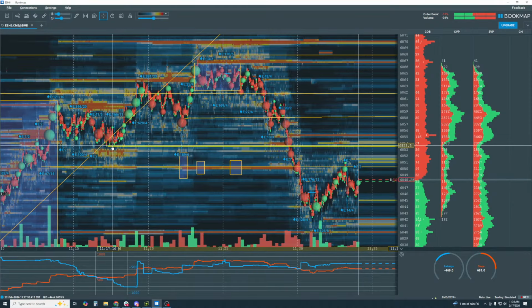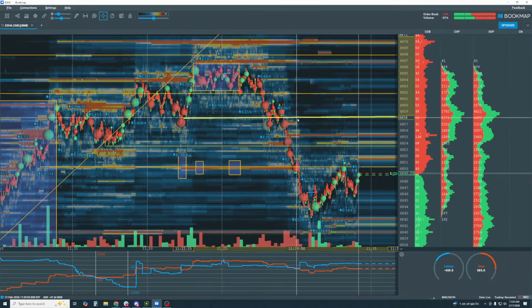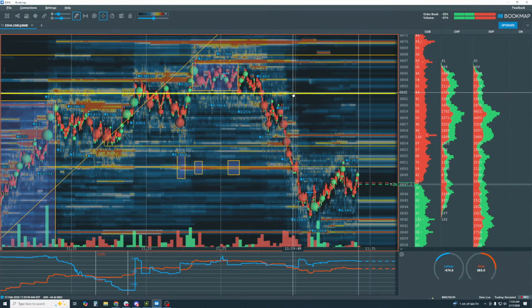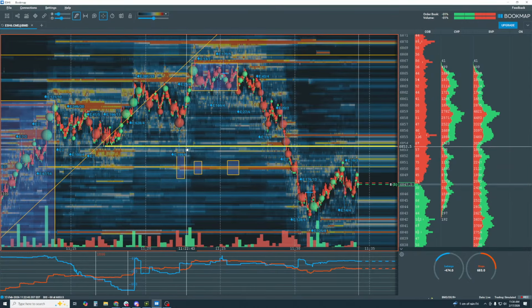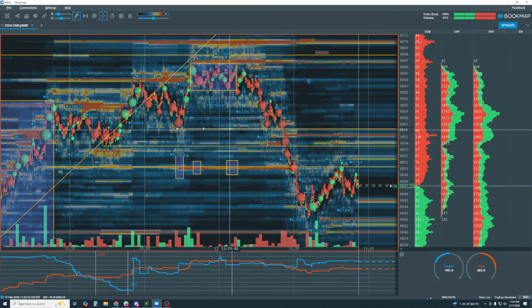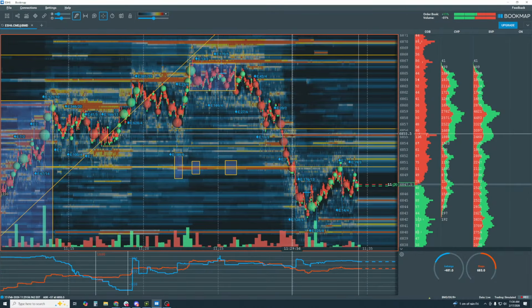I would look for a better retest probably up to this one here at 53, or this one here at 56.5 or so. That's where it broke down from.